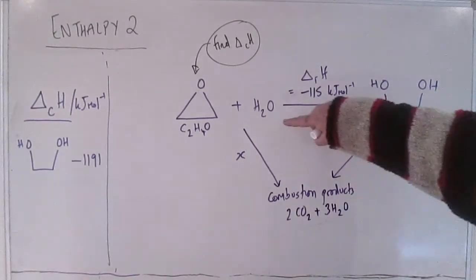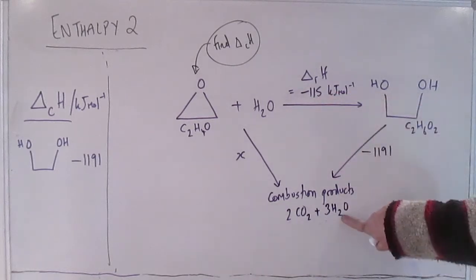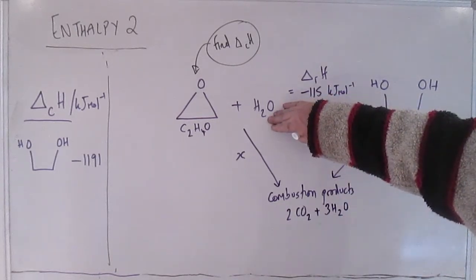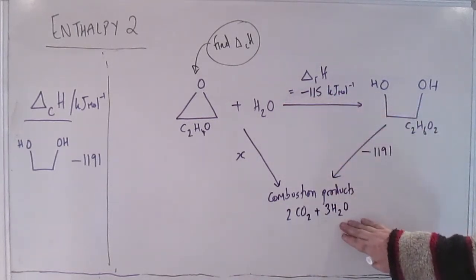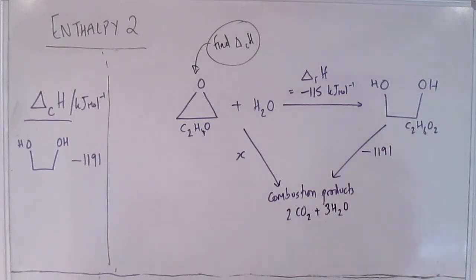And you can see that that water is just one of these waters here, so it's being unchanged and going from there to there, and so it makes no contribution.